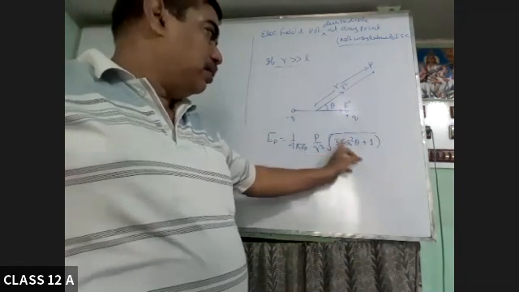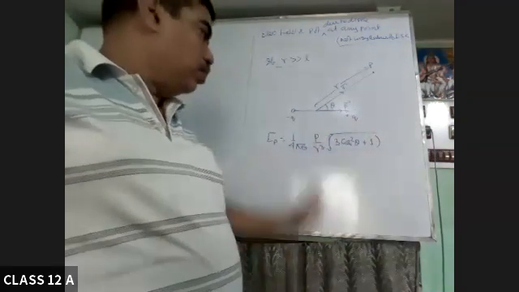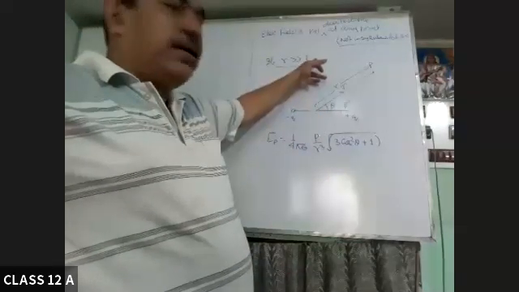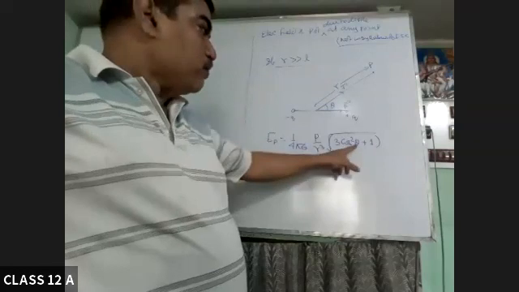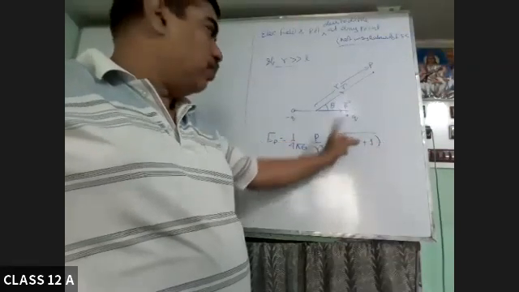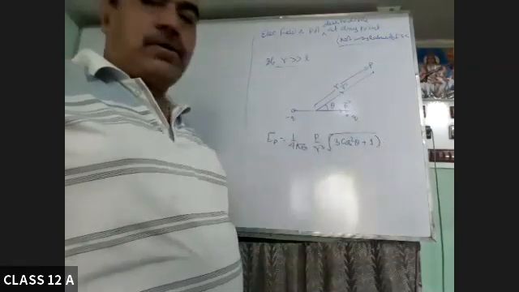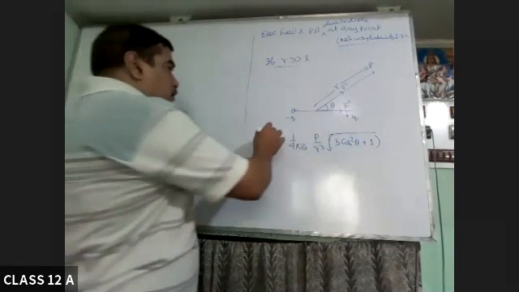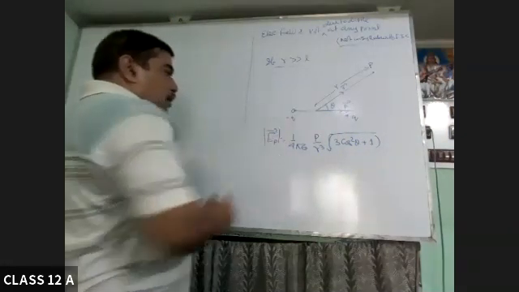Square root of 3 plus 1, say 2, so 2P over R cube. And when theta is 90 degrees, at any point on the perpendicular bisector, cos theta becomes 0, so square root of 1, that is 1 only. So P over R cube. This is the magnitude, the direction you already know.